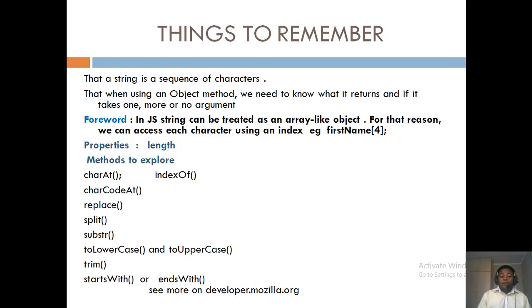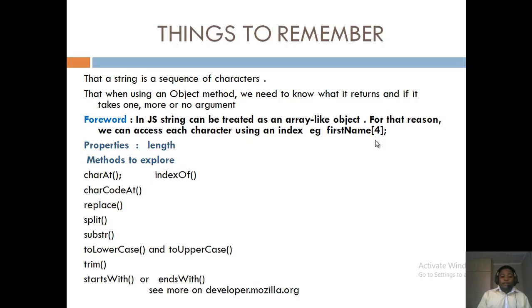So if, for example, we have a variable called firstName, and that firstName has a value, we can simply access whatever character is at index 4 by saying firstName, which is the name of the variable, and square brackets, then you put 4, which is the index, and you'll get back the character at that particular index. Which is a kind of powerful thing. Well, there are arguments as to how safe this is, but of course this is feasible in JavaScript.